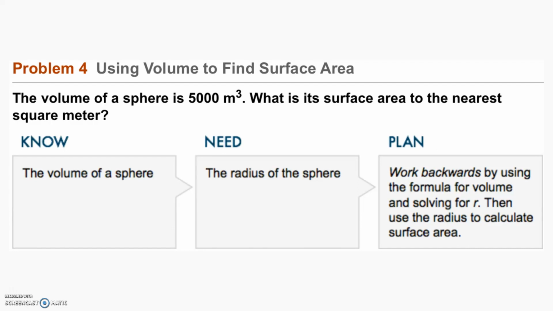So to solve this problem, work backwards from the volume using the formula for volume and solve for r. Then use the radius r in the surface area formula, 4 pi r squared, and that way you could get the surface area. But this exercise is mostly trivial, and it's left as an exercise to the viewer.